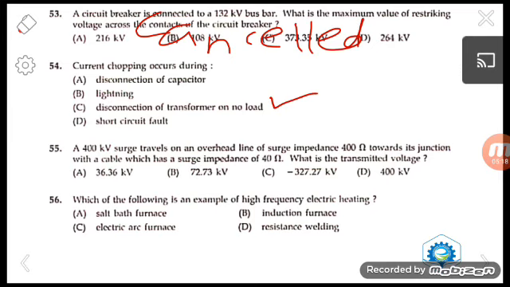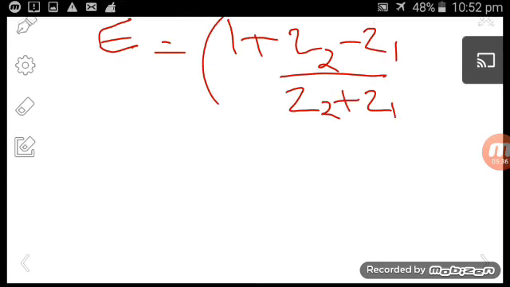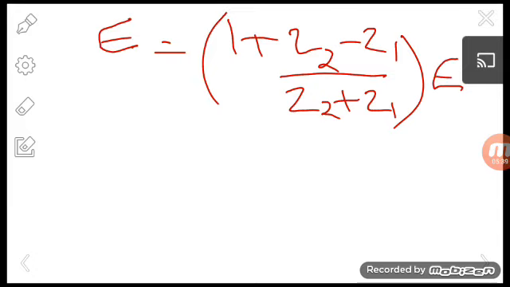The equation for transmitted voltage is E equal to (1 plus (Z2 minus Z1) by (Z2 plus Z1)) into E dash. Here the Z2 value is the surge impedance of cable, Z1 is the surge impedance of line, and E dash is the incident voltage wave.